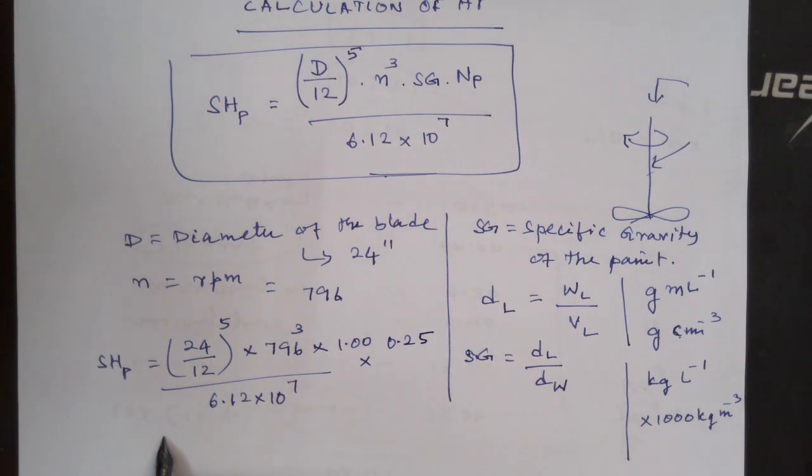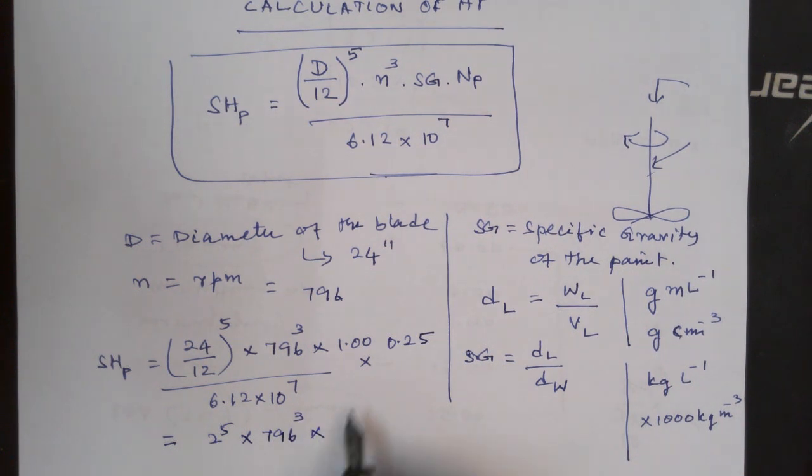Now let us work it out. 2 power 5 into 796 cube into 1 into 0.25, and you can bring the 10 power 7 to the numerator as 10 power minus 7, divided by 6.12.